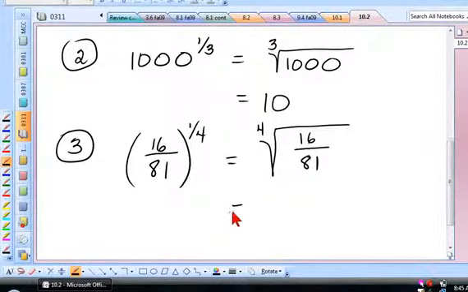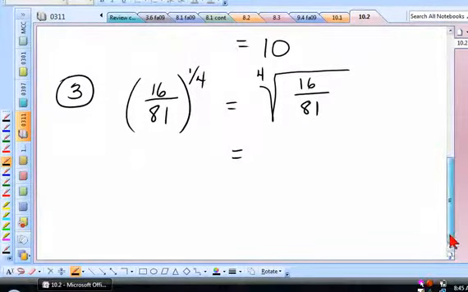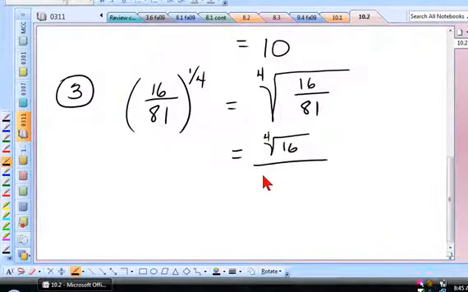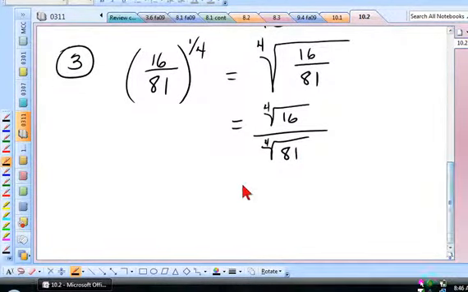And we talked about in the last lesson that if you're supposed to take the root of a fraction, you take the root of the numerator and the root of the denominator. What's the 4th root of 16? 2. What's the 4th root of 81? 3.